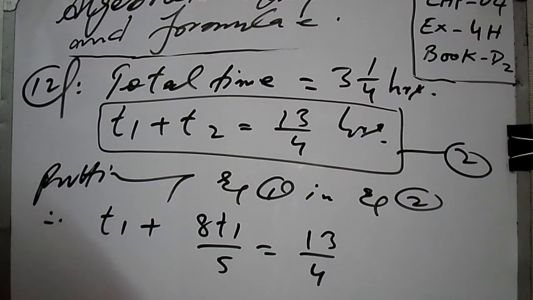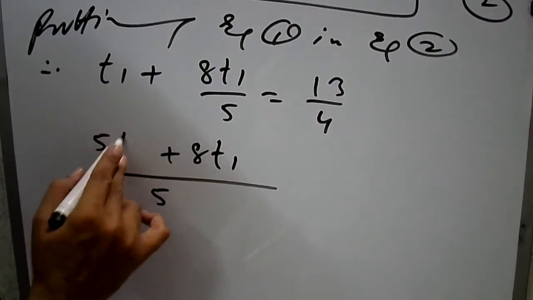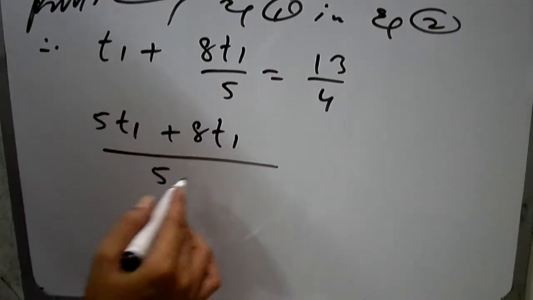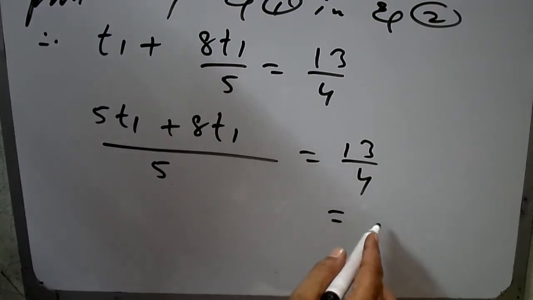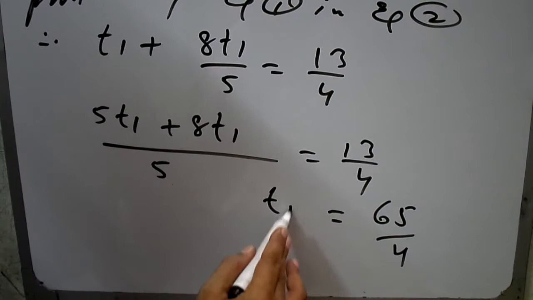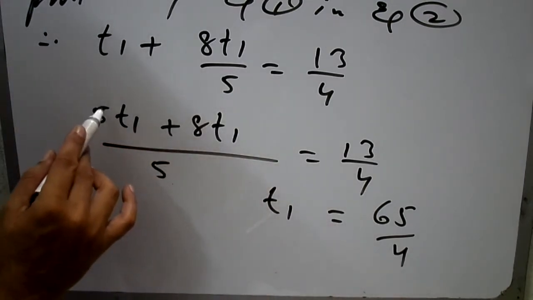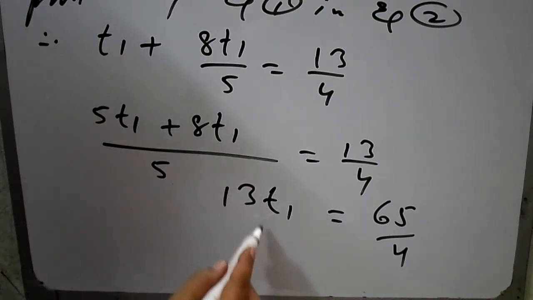You have to simplify it. 5 is your LCM, so you will get 5T1 plus 8T1 over 5 equals 13 by 4. By using cross multiplication, 13T1 is equal to 65 by 4.